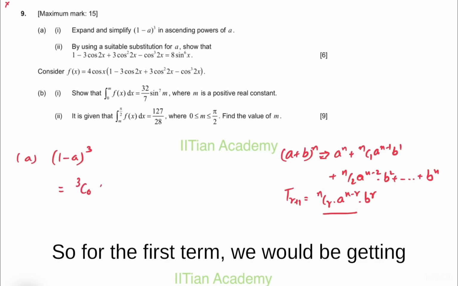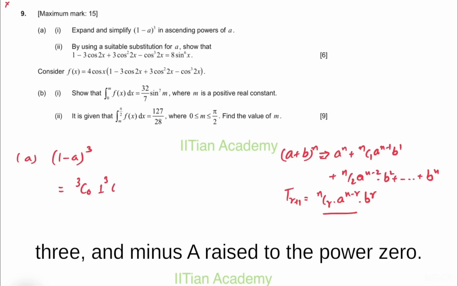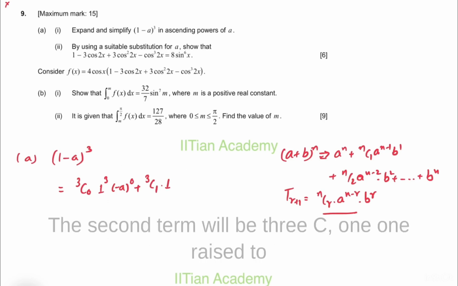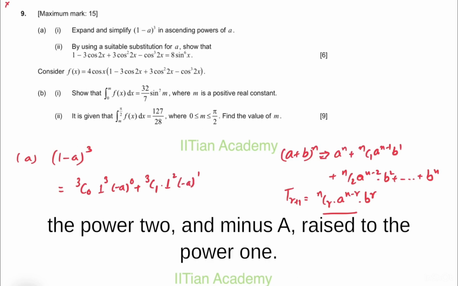For the first term, we get 3C0 into 1^3 and (-a)^0. The second term will be 3C1 into 1^2 and (-a)^1.